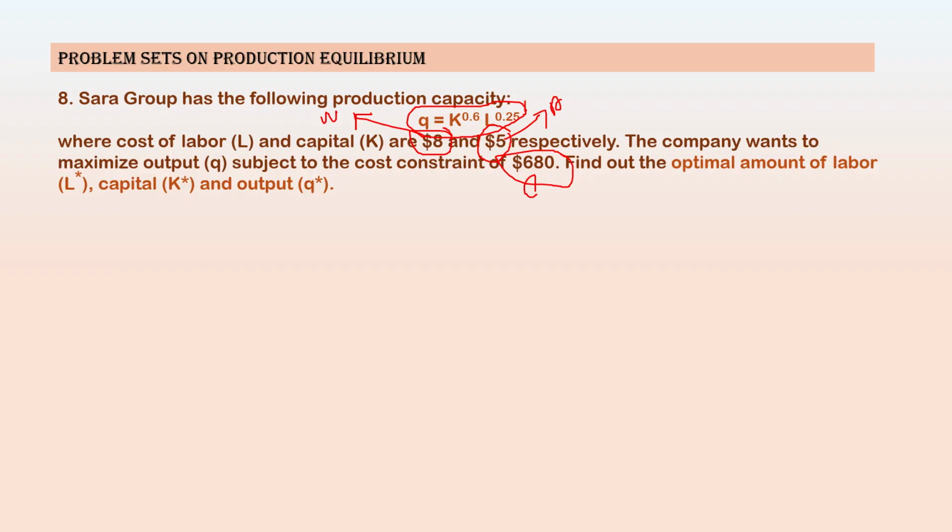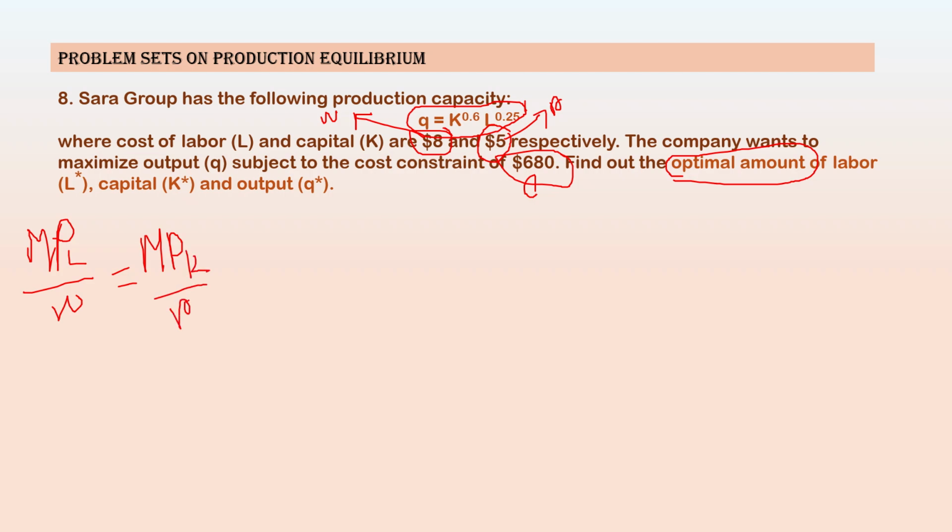So we need to find the optimal amount of labor. As you guys might have noticed, optimal amount is the key word here. Whenever optimal amount is mentioned, we obviously mean that we need to find out L star, K star, and Q star. And this is where we employ the theoretical solution that we found in the previous question. That is, we use the formula MPL divided by W equal to MPK divided by R. All right.